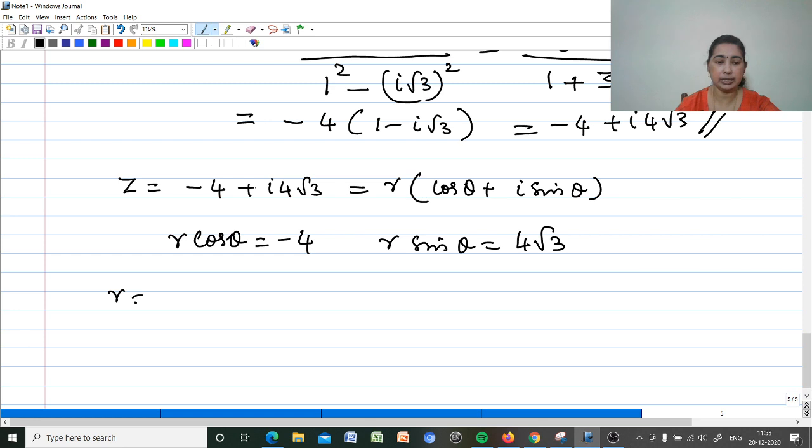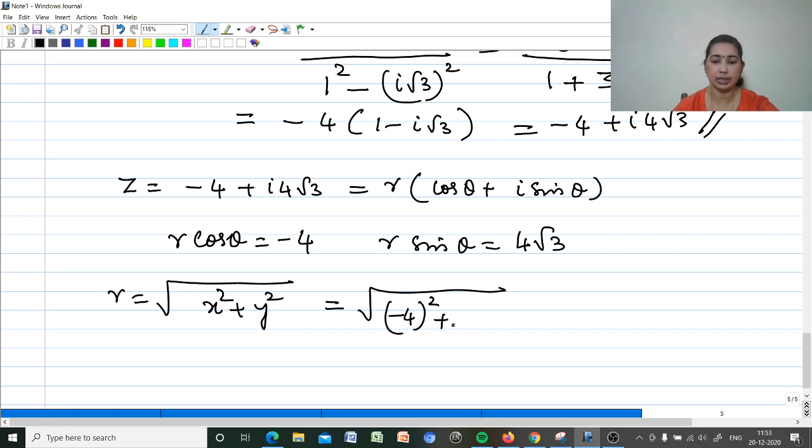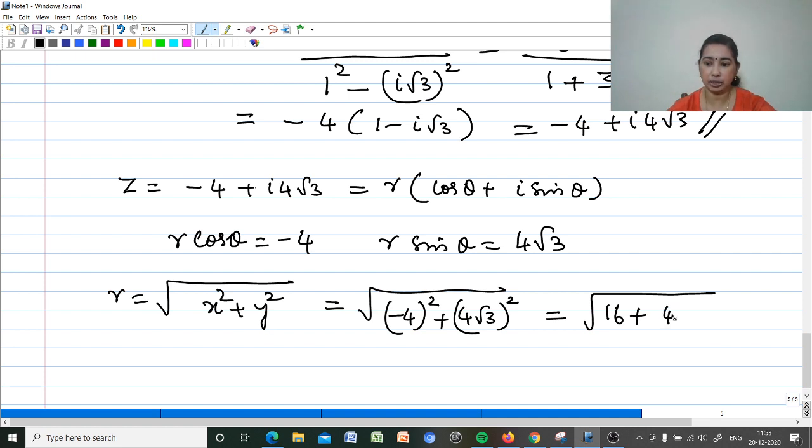Then r is equal to root of x square plus y square, that is root of minus 4 square plus 4 root 3 whole square. That's equal to root of 16 plus 16 into 3. 16 into 3 is 48. Adding this, you are getting 64. Root 64 is 8. So r is equal to 8.